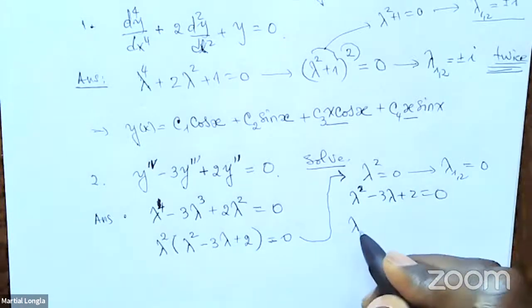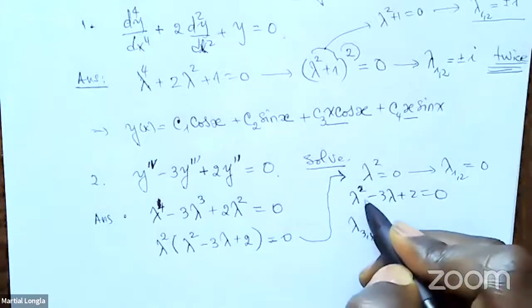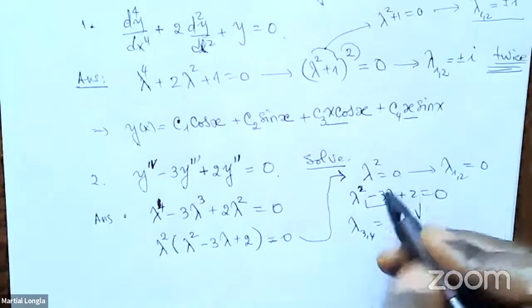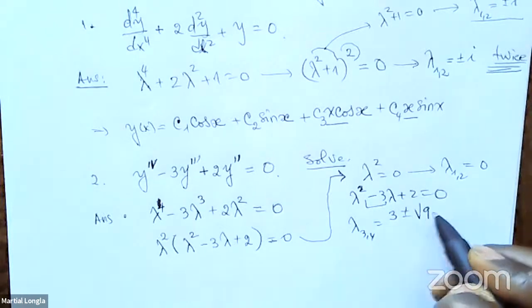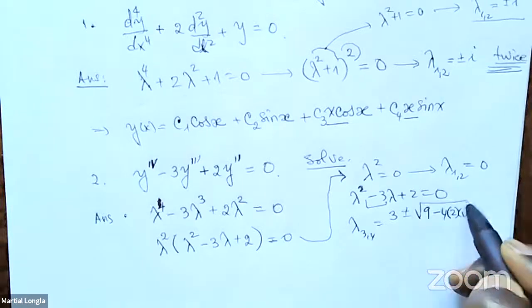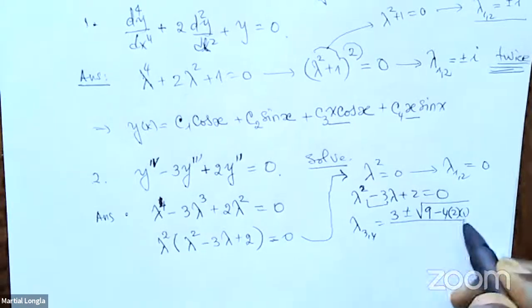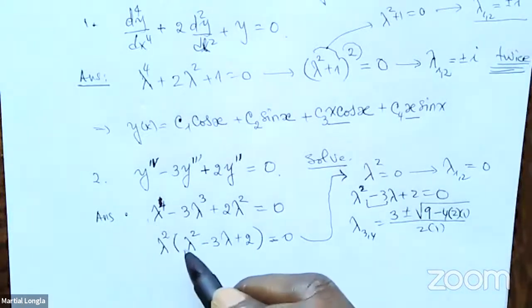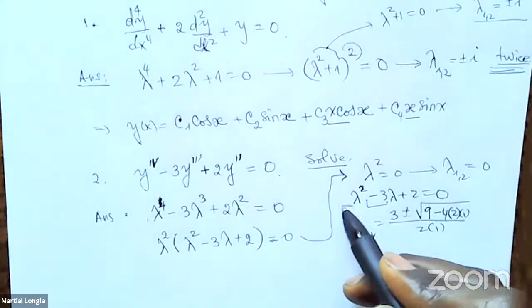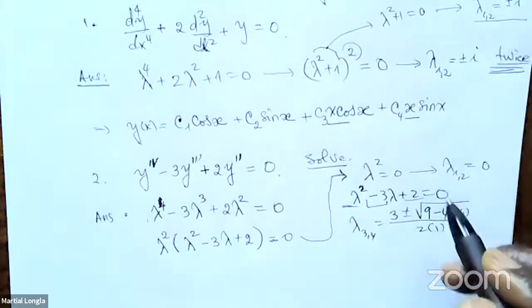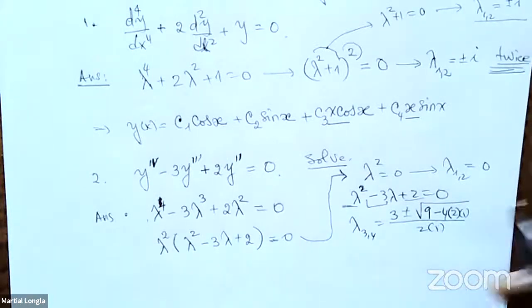On that you can do the quadratic formula. So you got lambda 3, 4 equals 3 plus minus the square root of 3 squared, 9, minus 4 times 2 times 1, over 2 times 1. Now 4 times 2 is 8, 9 minus 8 is 1, and the square root of 1 is 1.